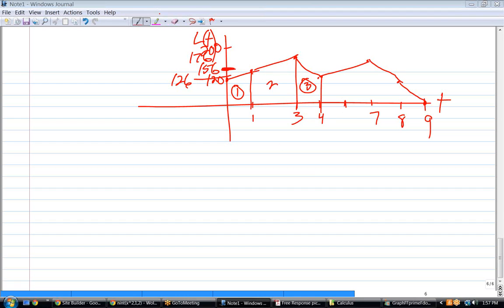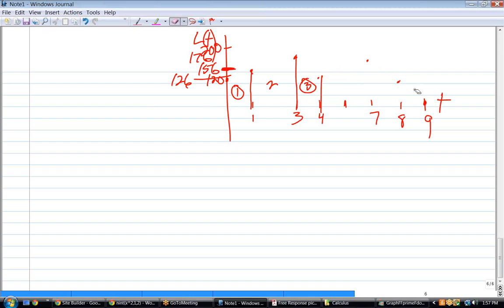Before you go any further, let me enhance your understanding of this. If this was a curved function, let me just make it curved.